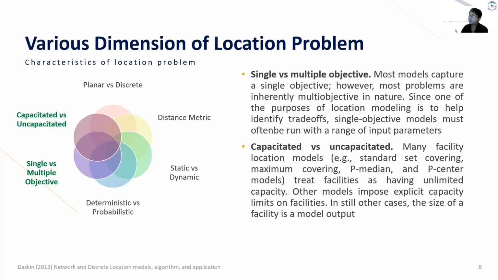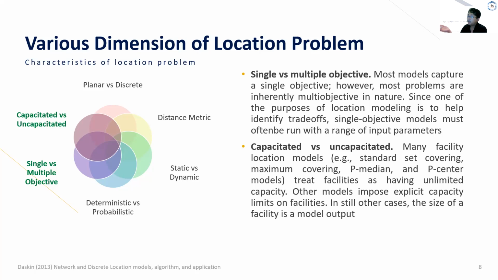For example, if you want to minimize the cost of allocating a facility, this is the only objective you want to achieve in your model. So this can be considered single objective.